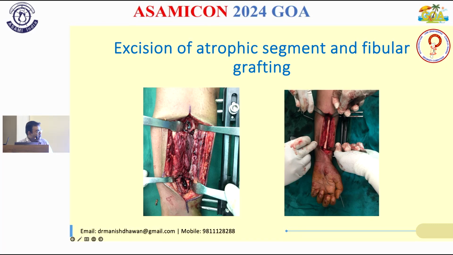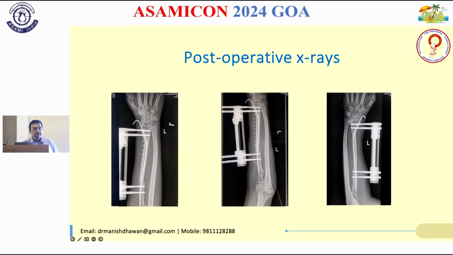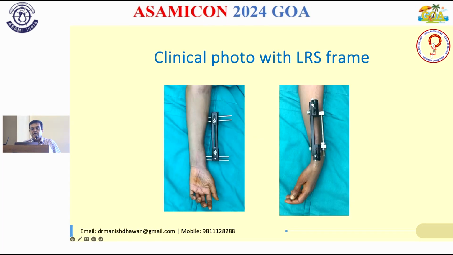What I did was harvest fibula once infection settled, and used an intramedullary wire to attach fibula and stabilized with LRS frame. This is in his radius, the mini pediatric LRS.